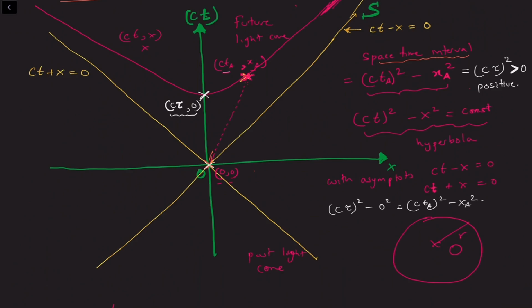And the other thing that you would notice is that this time tau is measured on a clock that is stationary, that is, it stays at the same location O. So this time tau is also what we would call the proper time of O. So the space-time interval of all these points can be measured by just looking at the clock at this instant of time at O's location.